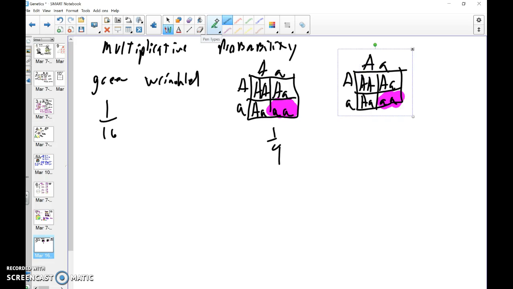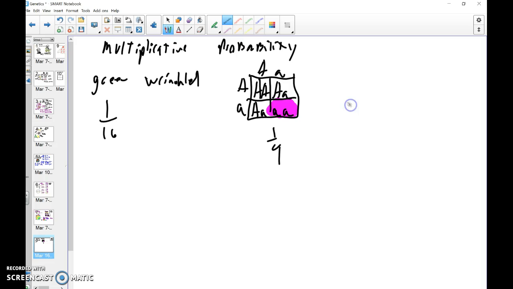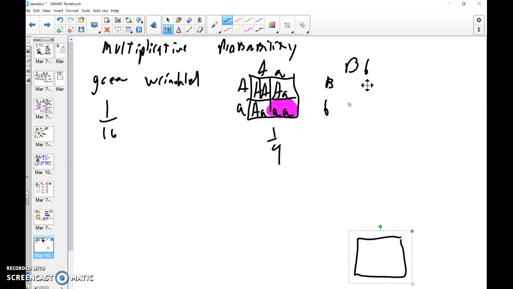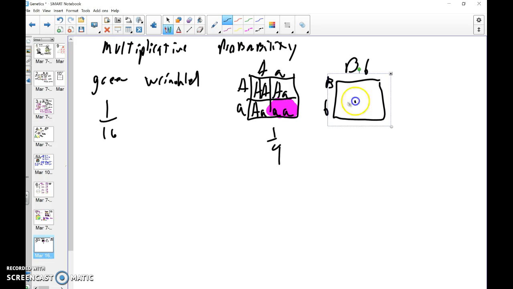Okay, ignore this for a second. Let's instead look at wrinkled, all right? So my option for wrinkled was B, so that was one parent who was heterozygous for wrinkled. And here's my other parent who was heterozygous for wrinkled.